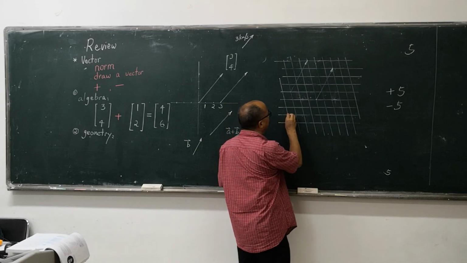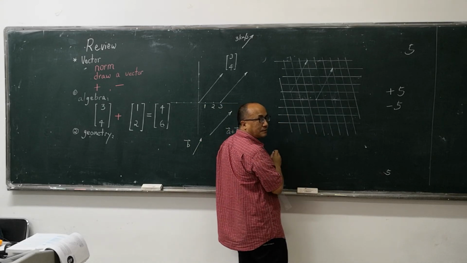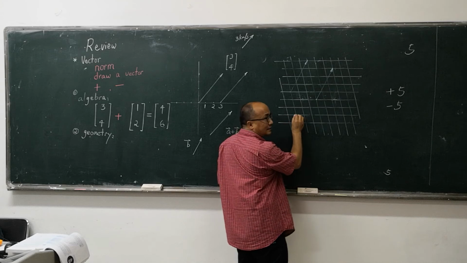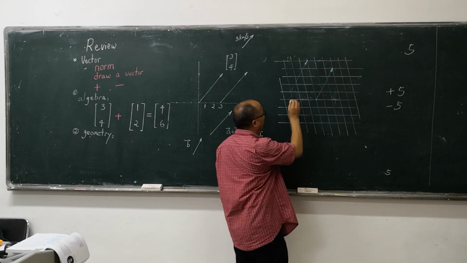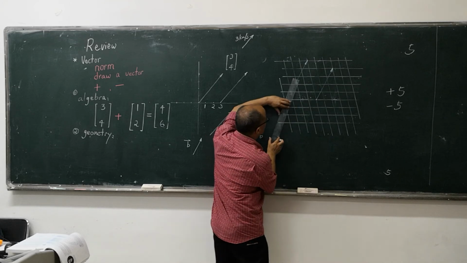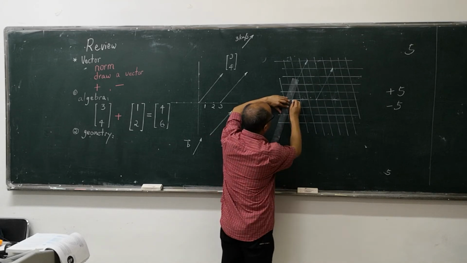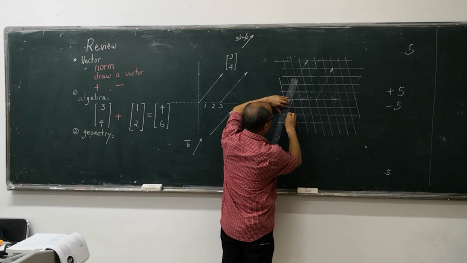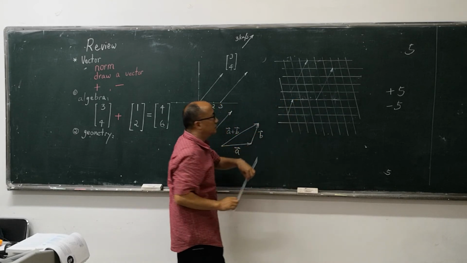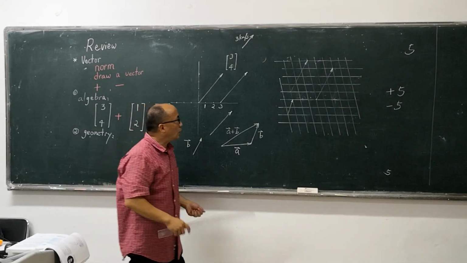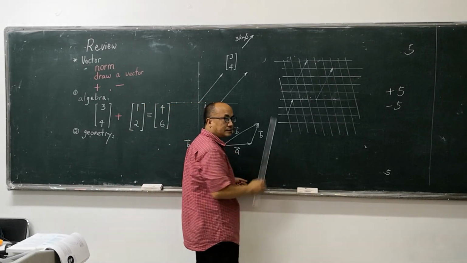Let's say starting from here. Where is the B? 1, 2. Okay? So it's here. So now the question is this plus this.